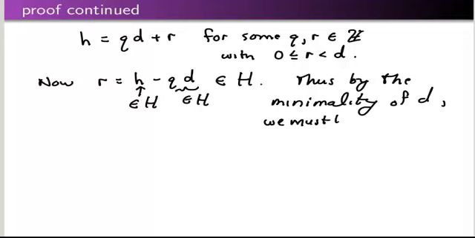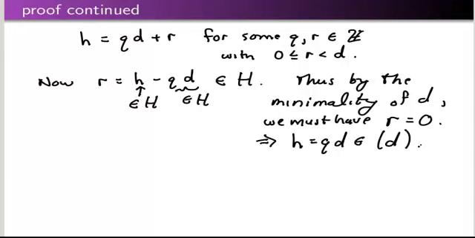We must have that r, the remainder, has to be 0. Otherwise, it would be a smaller positive element in the set H. And then r equaling 0 means that h is a multiple of d. So h is qd, which is an element of the cyclic group generated by d. QED.